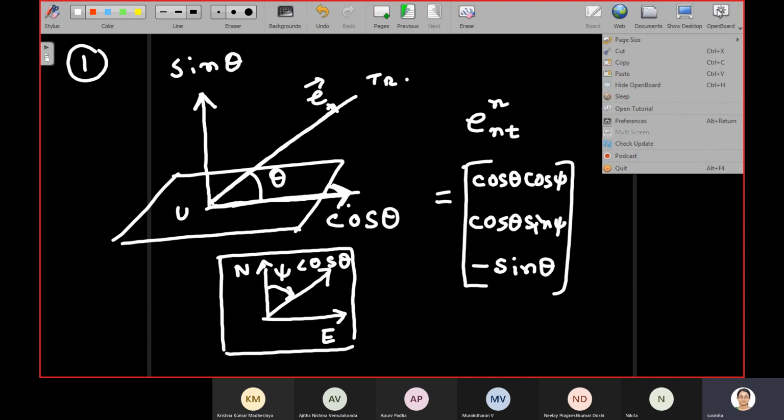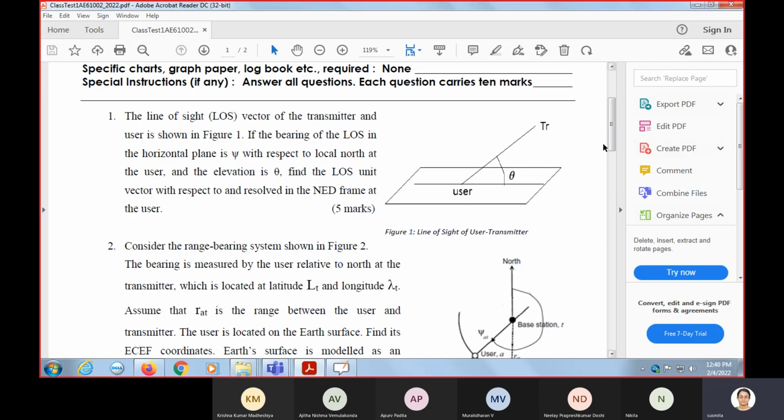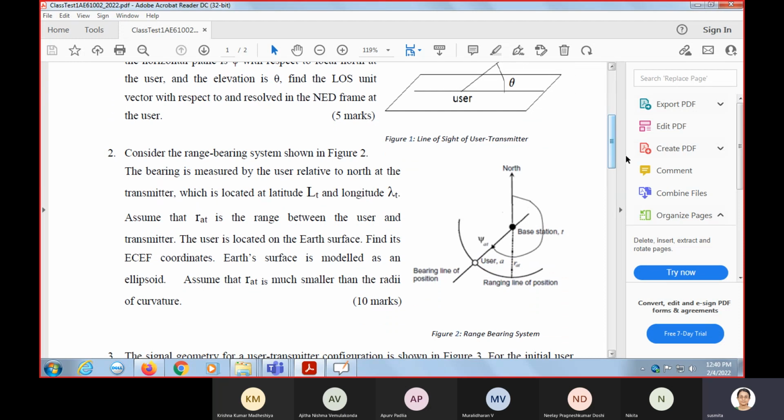Next, consider the range bearing system shown in figure 2. Okay, we have the figure and the transmitter latitude and longitude are given. User is on the earth surface, so height is 0. Find its ECF coordinates.